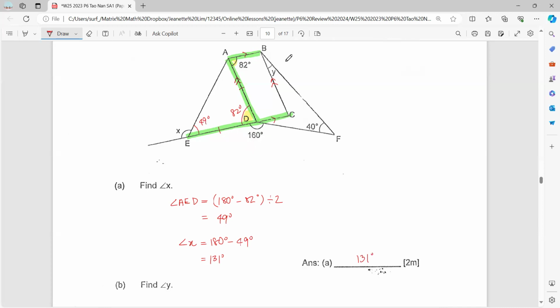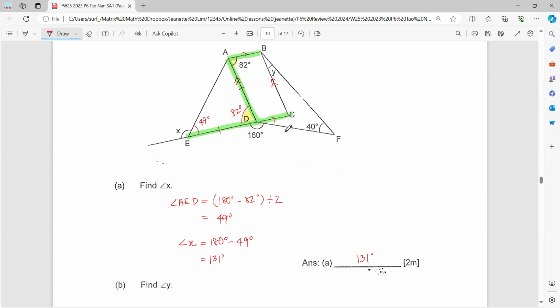Next, find angle Y. To find angle Y, I will be using this quadrilateral, this four-sided figure. We know that the sum of angles in a quadrilateral adds up to 360. So I'm going to find all the other angles, then I'm going to minus them off. Okay, so first, I have 82 here, I have 40 here. I need to find what this is.